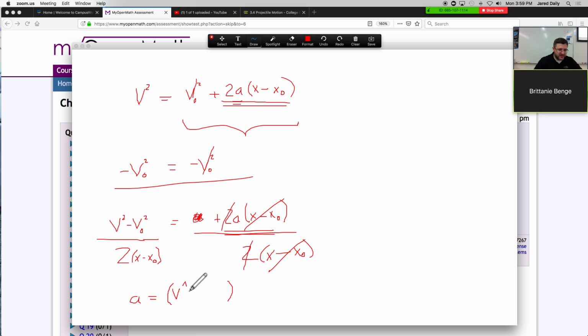V hat 2, that's v squared, minus, and then this one is going to look funny. It's going to be v underscore 0, like this, right? And then you can actually do it two different ways. The way I like to do it is to put parentheses around it again.